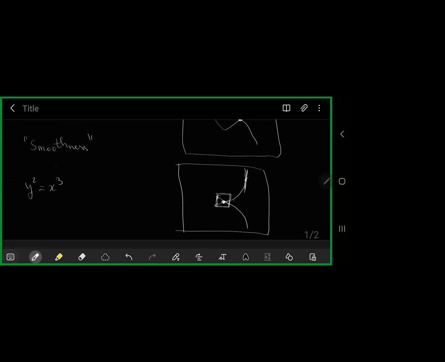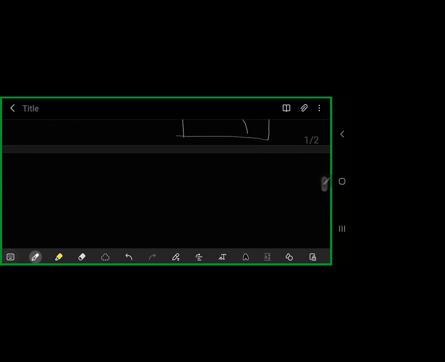What's more problematic is, if we can say that the variety is not smooth, can we do something to make sure that it becomes smooth? So what I mean by that is, I want to get rid of the singular point.